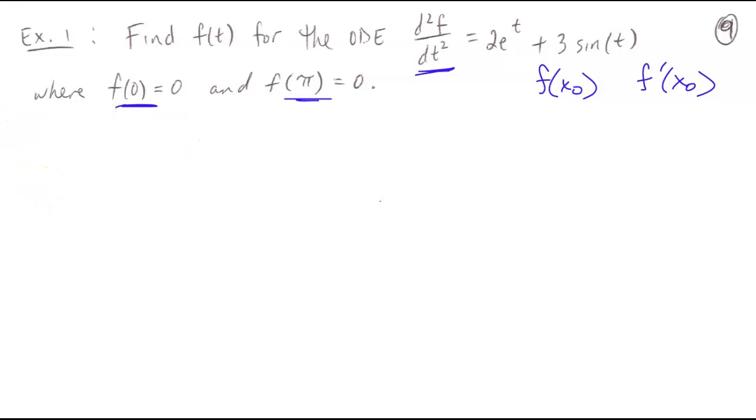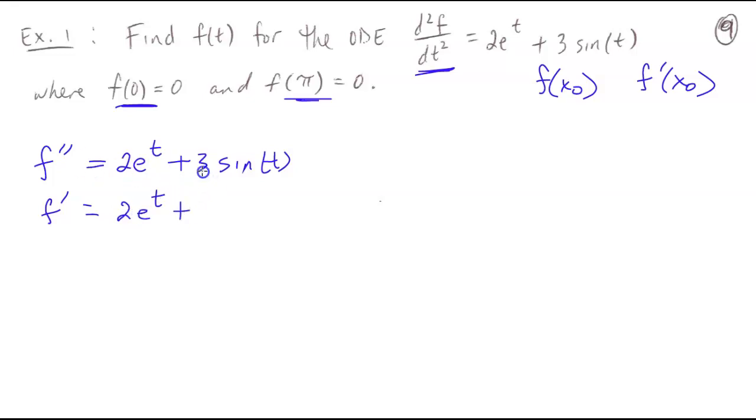All right, so first thing we need to do is rewrite this as f double prime is equal to 2e to the t plus 3 sine of t. Now if we go down to the first derivative, we'll be doing the antiderivative of 2e to the t, which is just 2e to the t.